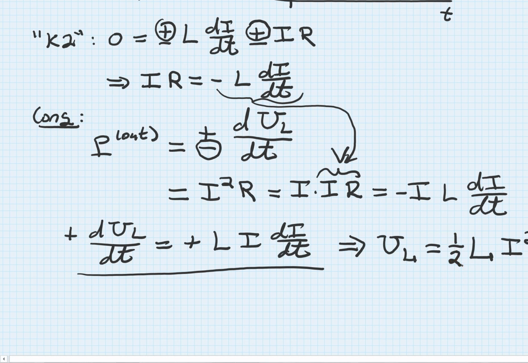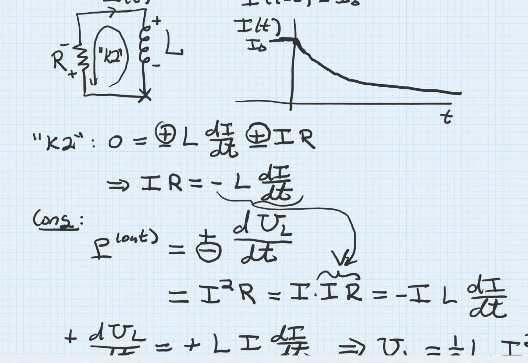Finally, of course, when we integrate both sides, you might worry that there's some constant of integration plus C, but I think it's very reasonable for us to say that, if we have, in fact, zero current flowing through our inductor, if it's just sitting there with no current, there should be no energy stored in it.